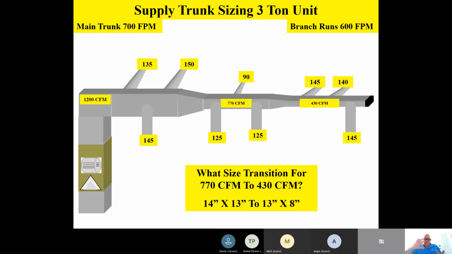So 800 cubic feet times 6 air changes an hour gives us 4,800 cubic feet of air exchange per hour. But hang on a second. We don't do air changes per hour. We do CFM, cubic feet per minute.